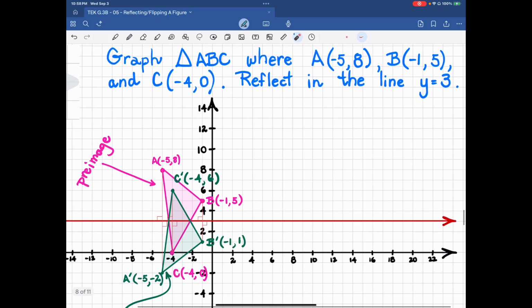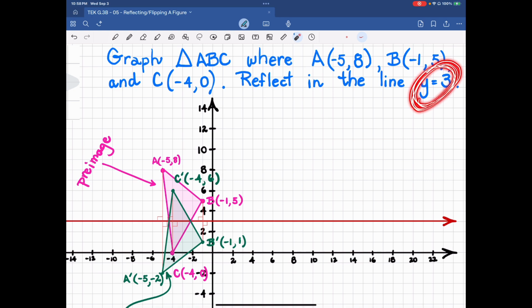So y equals 3 is a horizontal line at y equals 3. So here is y equals 3. That's our line of symmetry. That's our line of reflection.